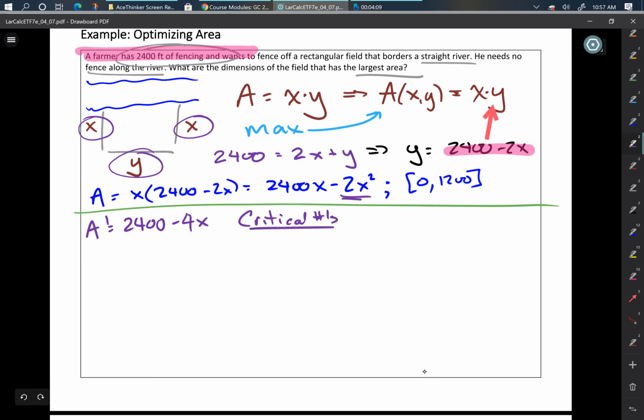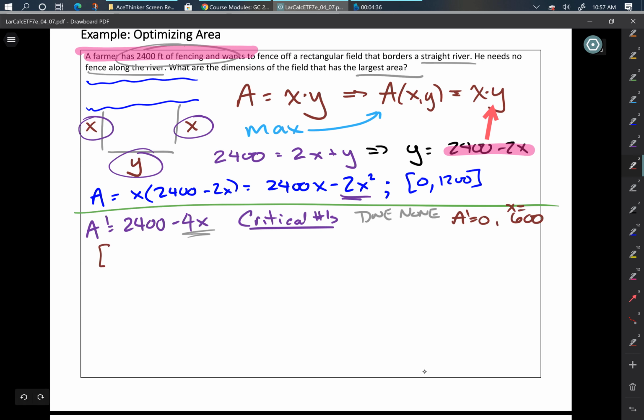Well, I don't think there's any of the does not exist type, because I can't think of a single number that I could put in for x here that would make that equation not exist. But A prime equals 0 when x is 600. 4 times 600 is 2,400, 2,400 minus 2,400 is 0. So I know that I have one critical number.